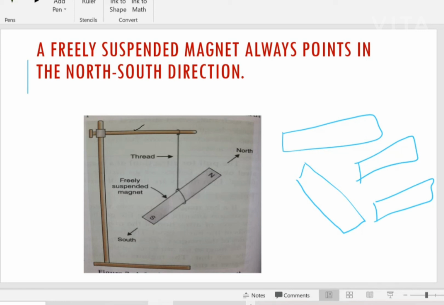You have to wait for a minute, depending on the condition of this bar magnet or how many rotations it takes to align itself and become stationary, at rest. Once it is at rest, you have to observe the aligning direction of this bar magnet. How is it aligned?